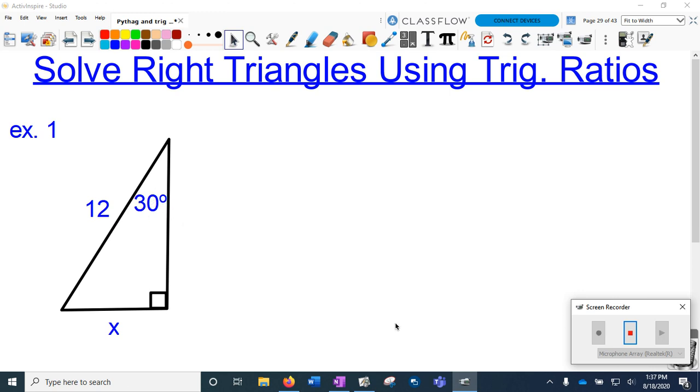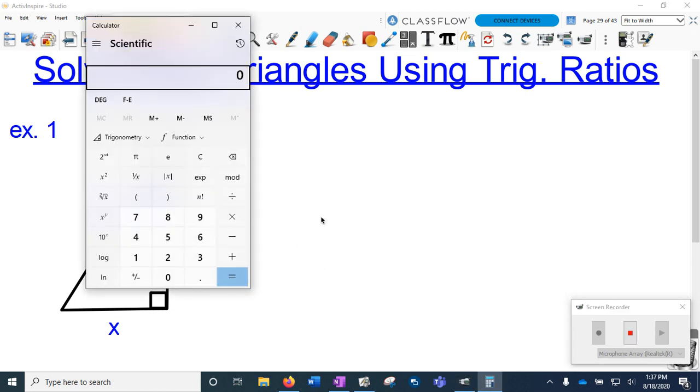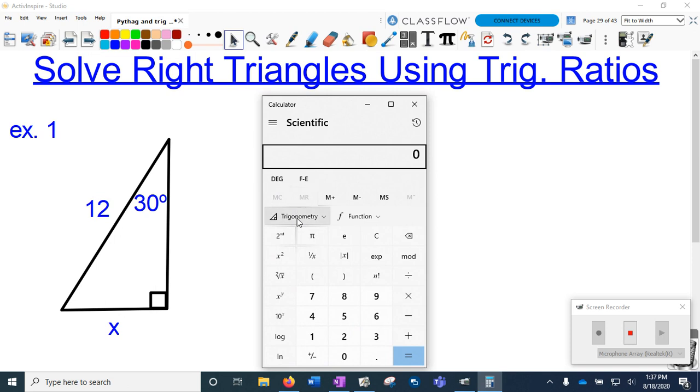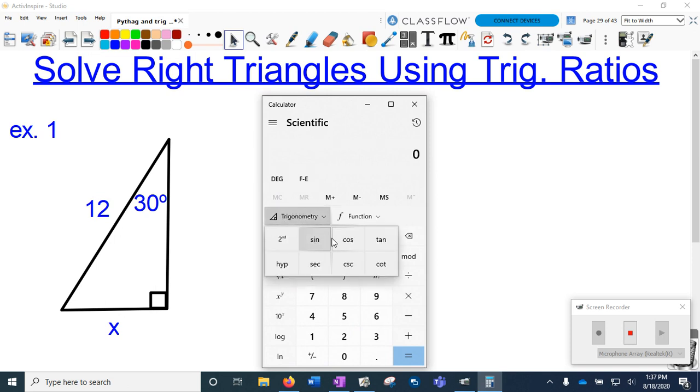Now that brings me to a point. You are going to need a calculator, either a calculator from your laptop or device. If you have just this scientific calculator right here, you will be using these trig functions in this tab here. Here's our sine, cosine, and tangent that we'll need. But no matter what calculator you're using, you need to make sure it's in degree mode.